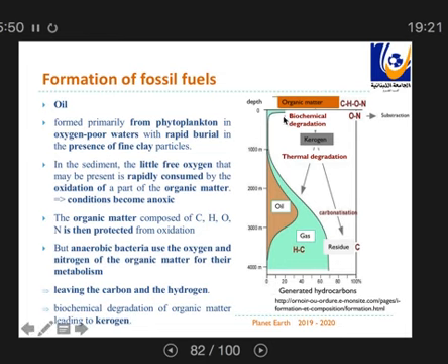So this is called biochemical degradation. So oxygen and nitrogen are subtracted from this initial organic material, and we have what we call kerogen. Now, kerogen is hydrogen and carbon.